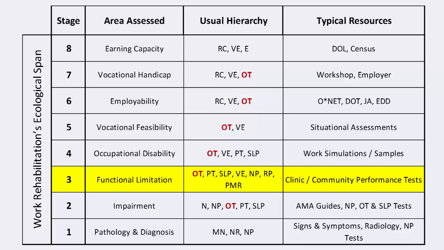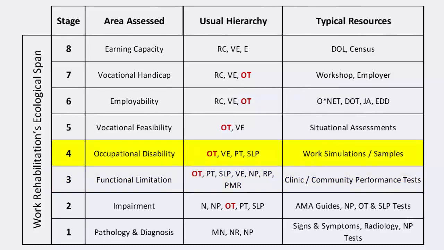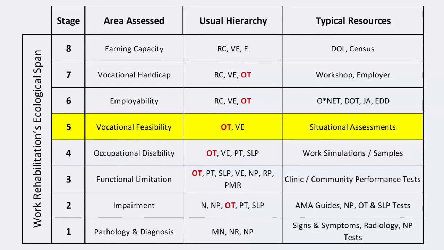That's where the clinic and community performance tests, like the EFPT and the MET, are quite pertinent. At the next level up, the occupational therapist leads the team in evaluating occupational disability. That's where we find work simulations and work samples of most use. And at the next level up, where we look at vocational feasibility, it's the occupational therapist and the vocational evaluator working together.